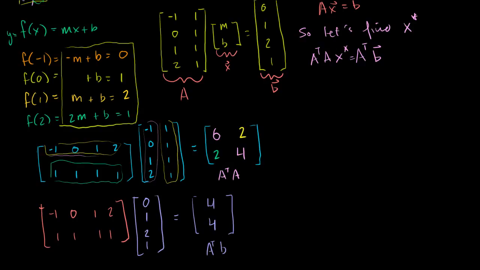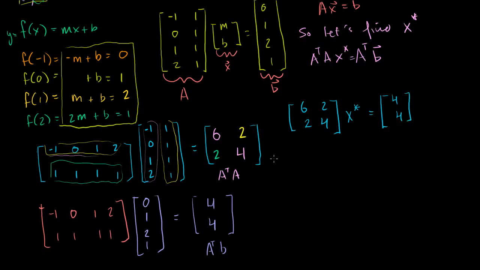So just like that, we know that the least squares solution will be the solution to this system. 6, 2, 2, 4 times our least squares solution is going to be equal to 4, 4. Or we could write it this way.